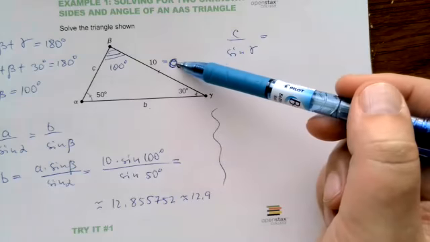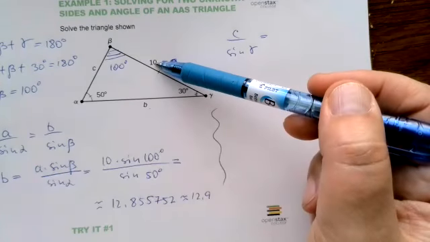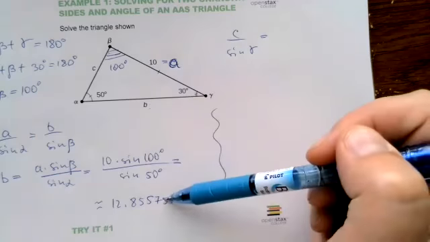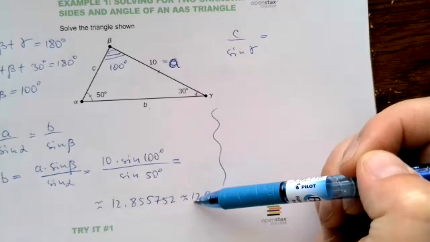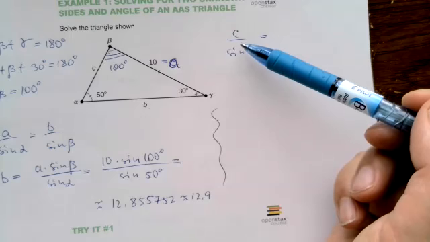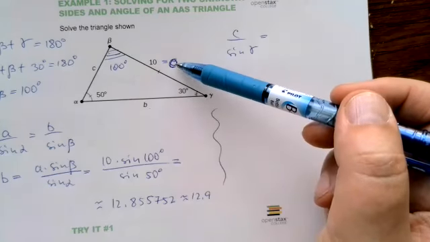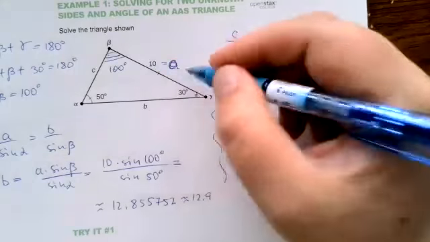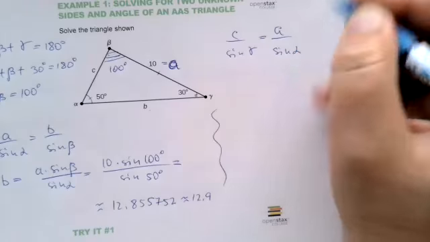Why? Because they're exact values, like A is 10 exactly. Now for B, I approximated, it's an approximate value, right? So if I want to be more accurate, I will choose the values that were given to me. So I will use A over sine alpha.